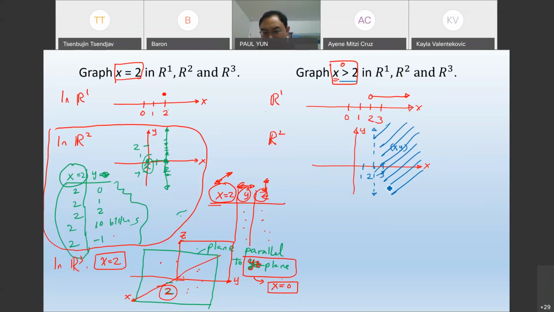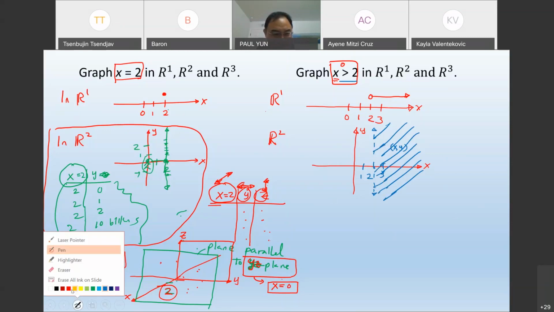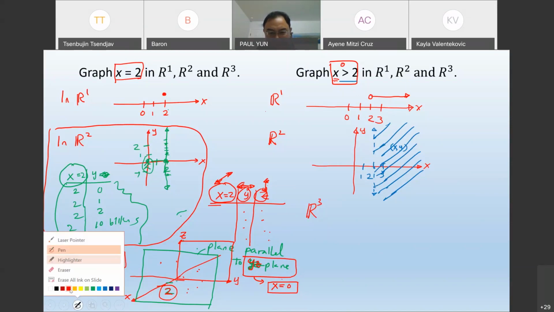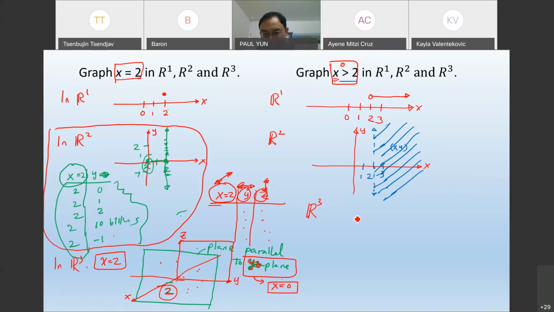Okay, I know you're pretty good at this kind of thing. All right. Do R3. Using R3, all right, sketch it. Yeah, make it 45 degrees.